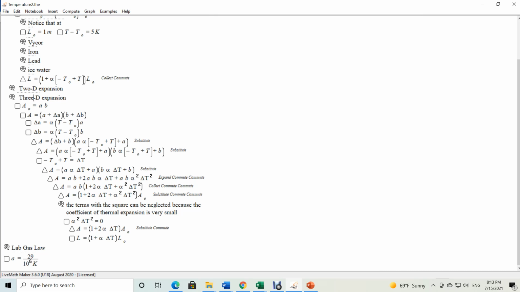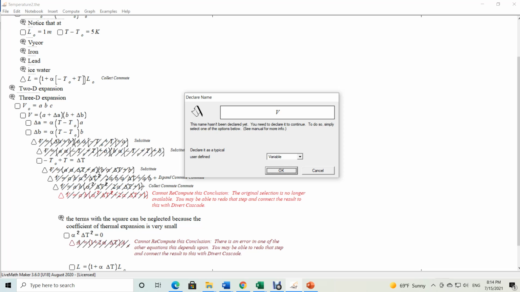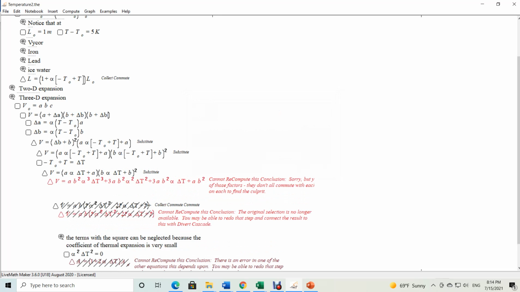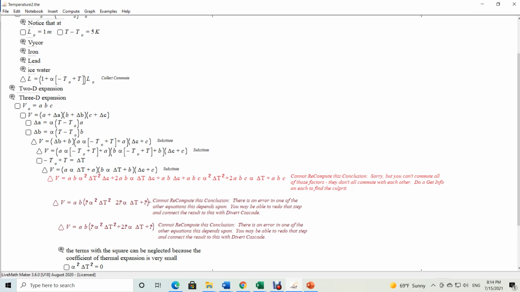3D expansion. Now we're going to call it volume. Initial volume is A times B times C. Final volume is going to be A plus delta A times B plus delta B times C plus delta C. Okay?